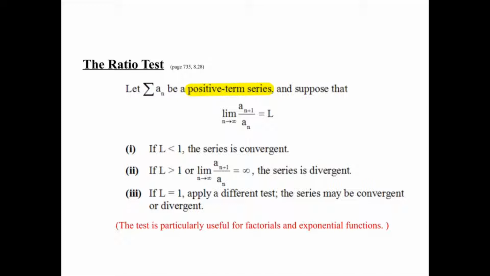test. This is a test that is particularly useful for series whose functions involve factorial or series whose functions involve exponential functions, which I will do some examples and demonstrate.